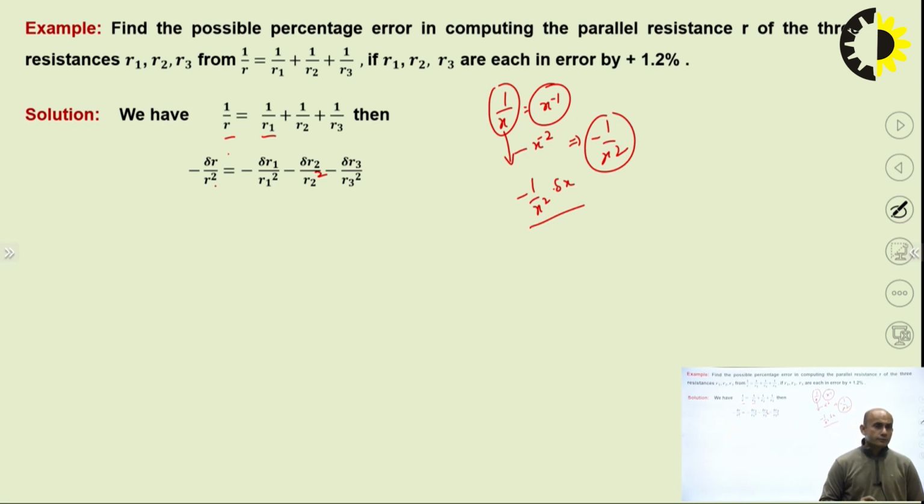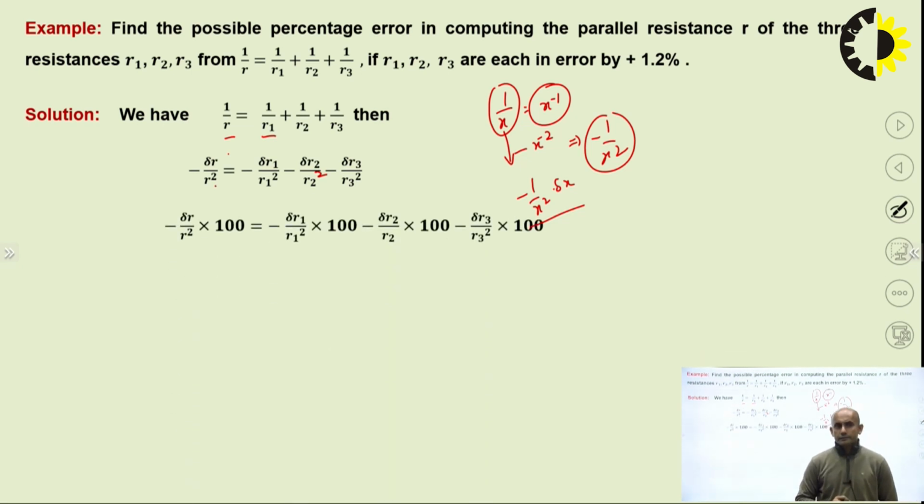Now if we multiply this expression by 100, we get minus delta R upon R square into 100, minus delta R1 upon R1 square into 100, minus delta R2 upon R2 square into 100, and minus delta R3 upon R3 square into 100. And the errors in R1, R2 and R3 are given here.